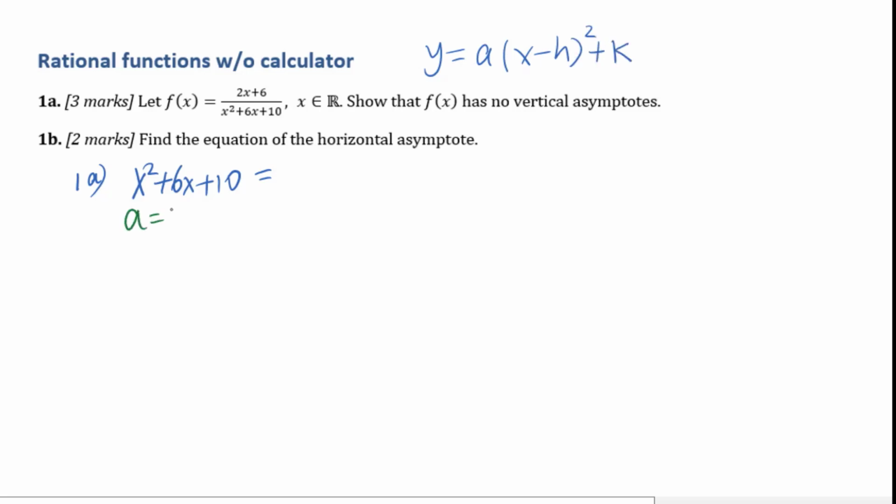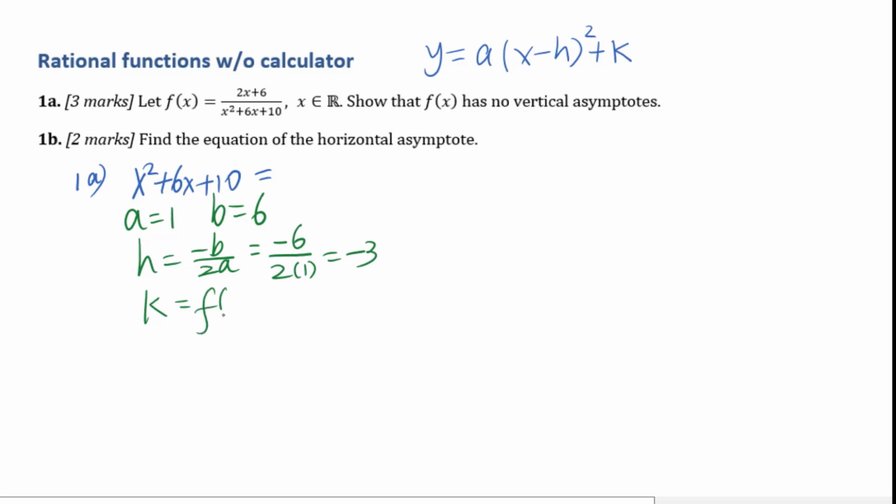We know a equals 1, b equals 6, h equals negative b over 2a equals negative 6 over 2 times 1 equals negative 3. And k equals f of negative 3.